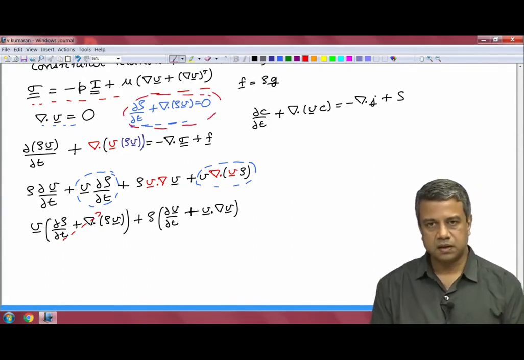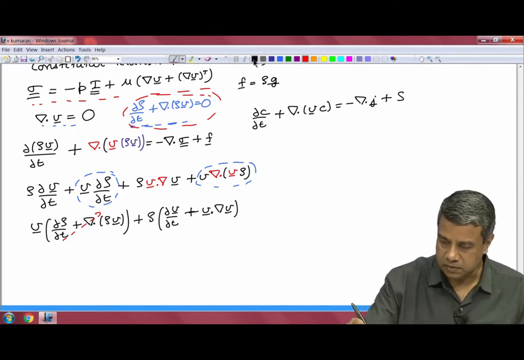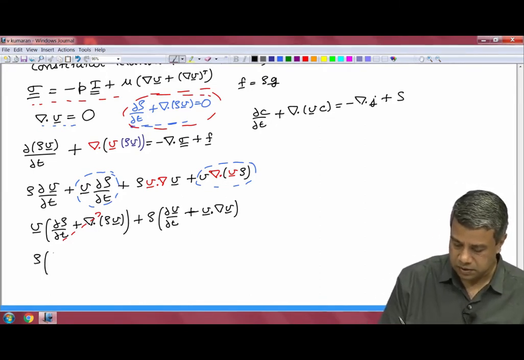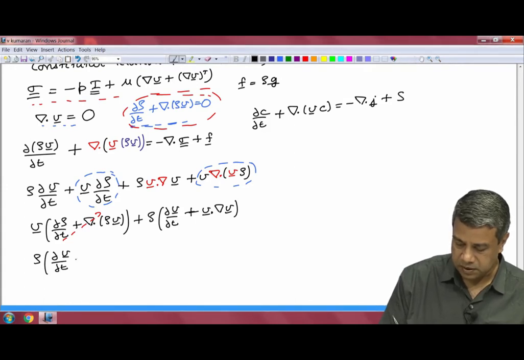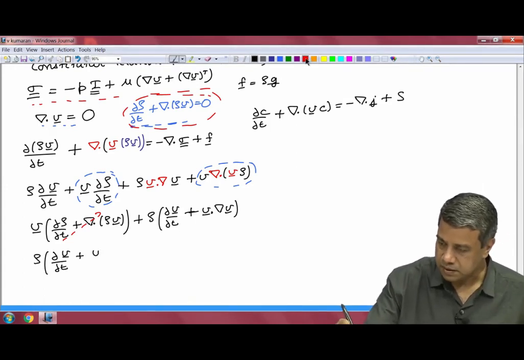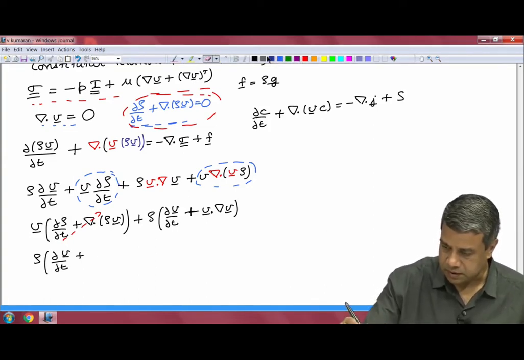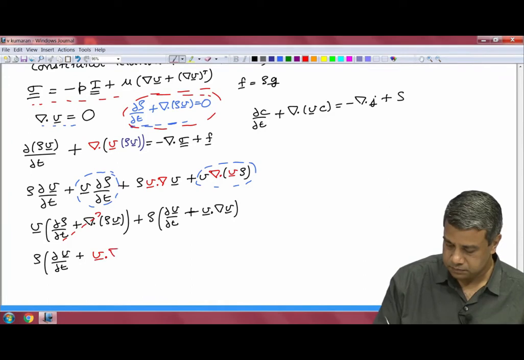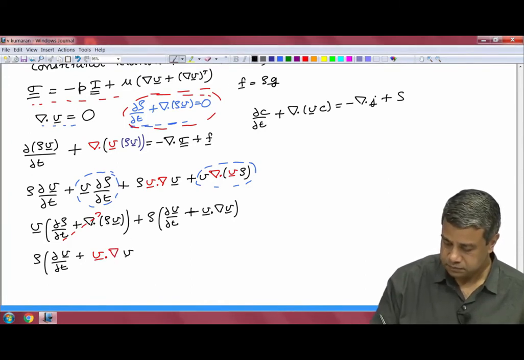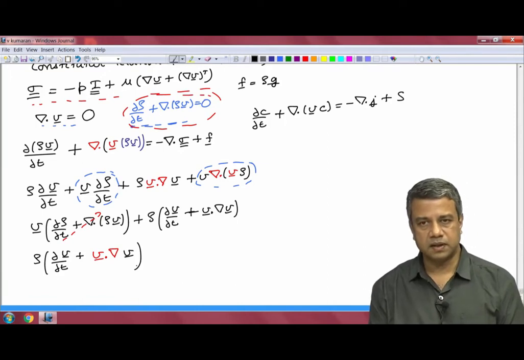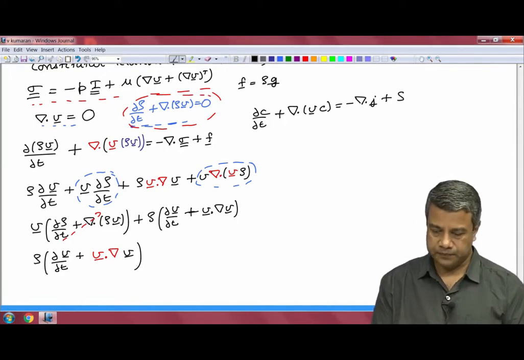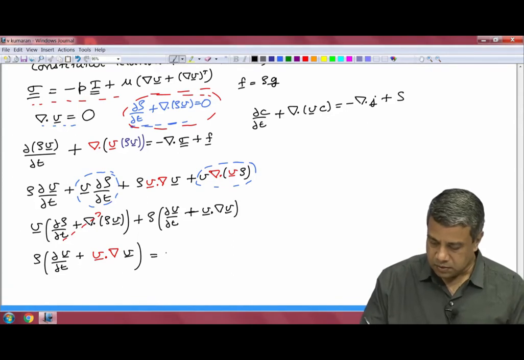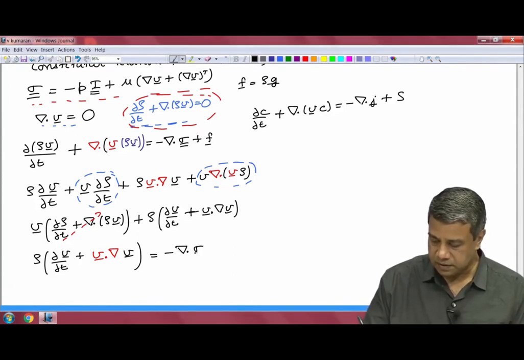So, the left side of the equation can be equivalently written as rho into partial v by partial t plus, let me write this a little more clearly, v dot grad v, just to highlight that the dot product is between the velocity vector and the gradient, is equal to minus the divergence of the stress tensor plus f.